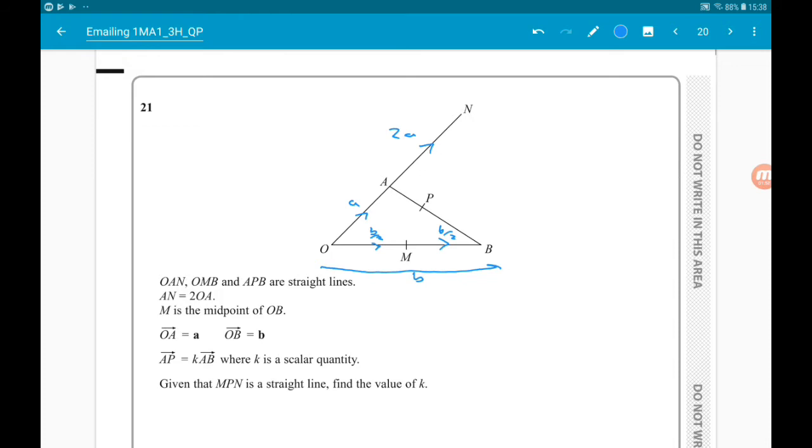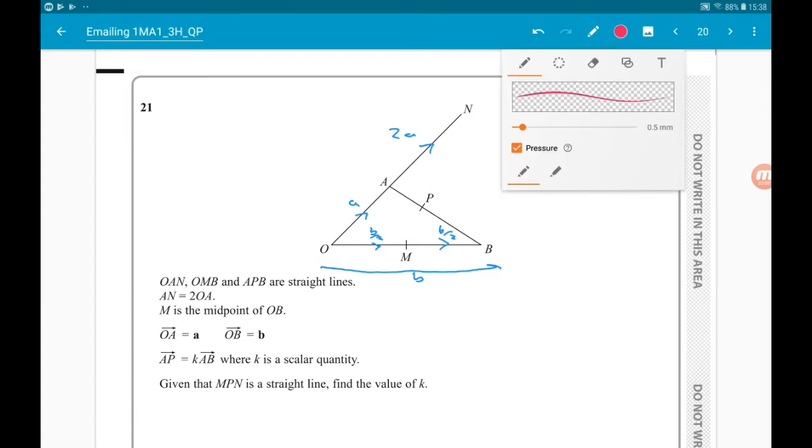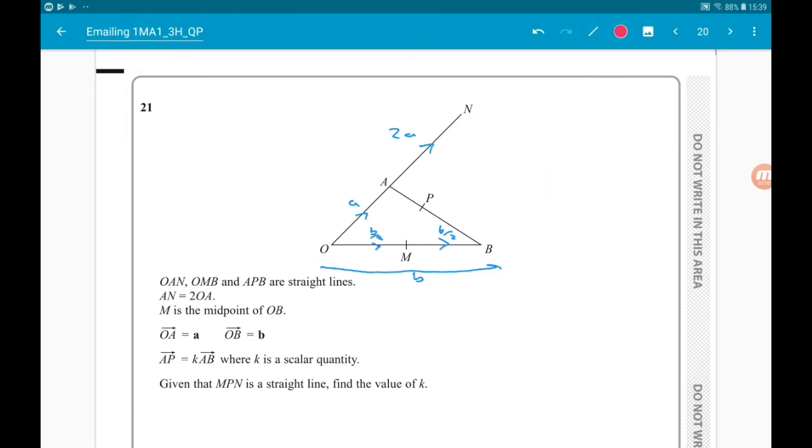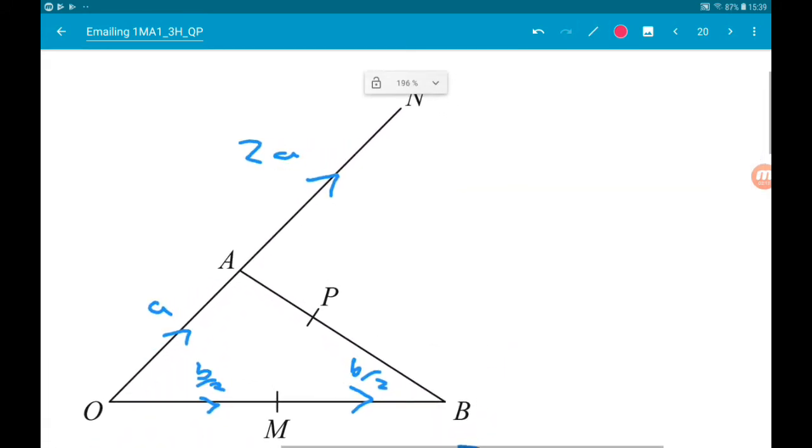Given that MPN is a straight line, find the value of k. Okay. So, MPN then is a straight line.